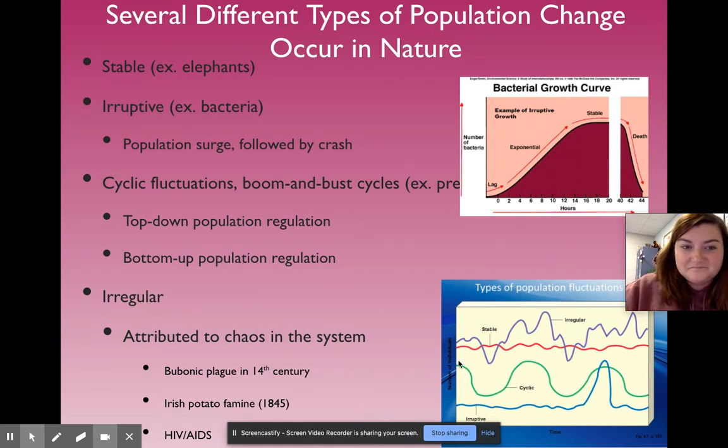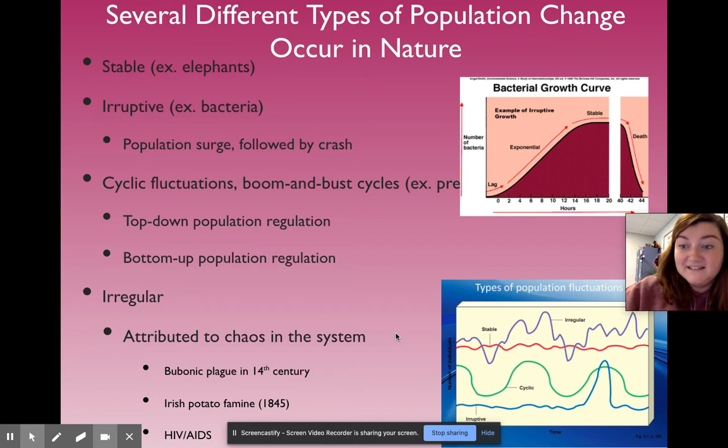I didn't mention, here's our eruptive, steady, big birth or growth event, and then big die-off, and then level again. You've got cyclical, or cyclic, I like cyclical better, where birthing events, die-offs, it's pretty consistent. And then irregular is just chaotic. You can see this purple or lavender line right here.